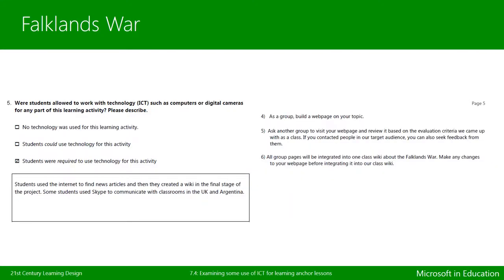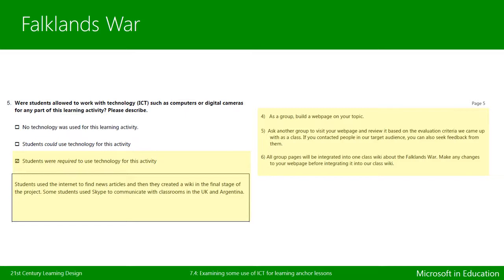In the Falklands War anchor lesson, the activity required students to use the internet to collect and review multiple international sources of information about the Falklands War. Since this is a very specialised topic, it would have been difficult to access the content needed for knowledge construction without ICT use.